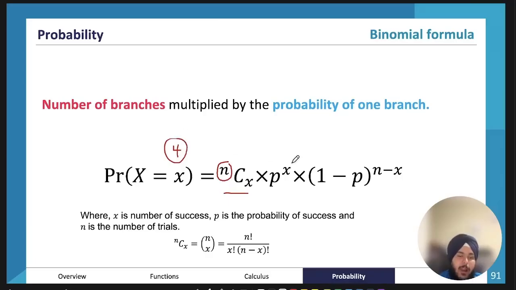Then we multiply that by the probability of not getting a 1, which would be 5 over 6, to the power of how many outcomes we don't want a 1 for, so 6. But you don't need to use this formula. Most of the time you can use your calculator. There is a binomial distribution function which does this formula for you.